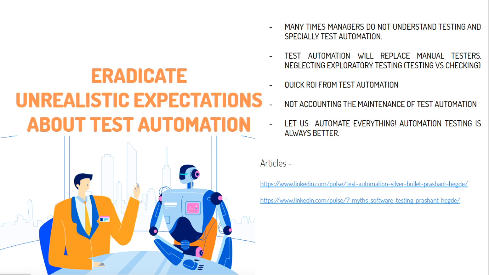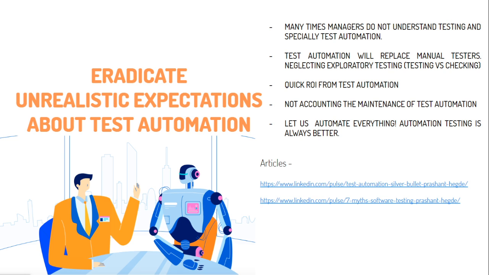So it's important for QA and testers to eradicate unrealistic expectations about test automation. Many times, managers and stakeholders do not understand testing and especially test automation. There are lots of myths and misunderstandings about test automation.